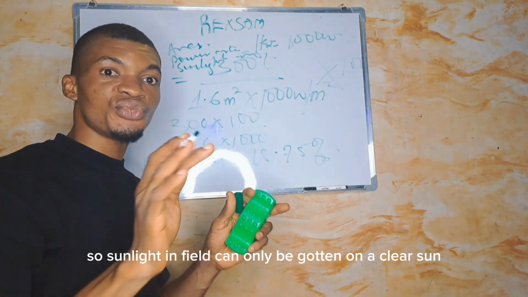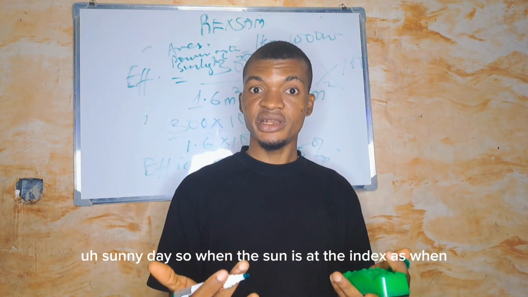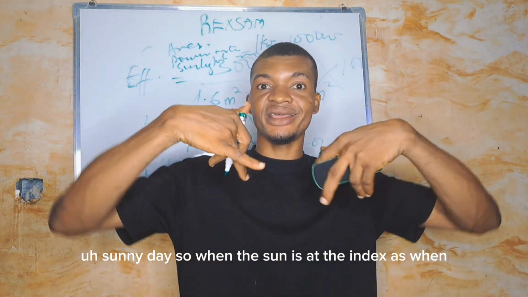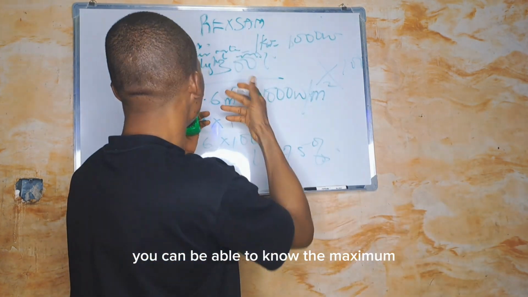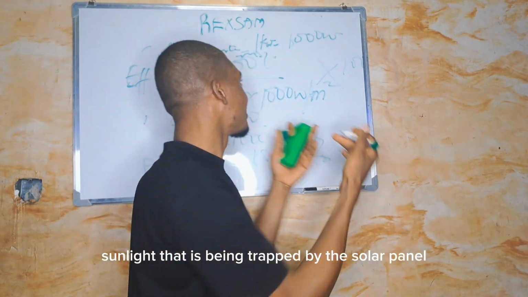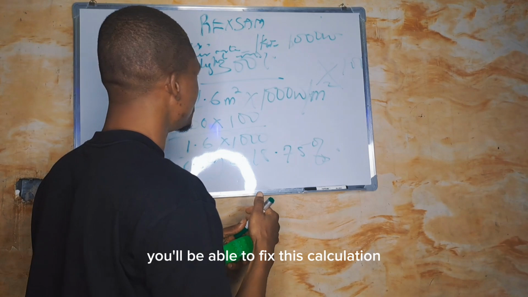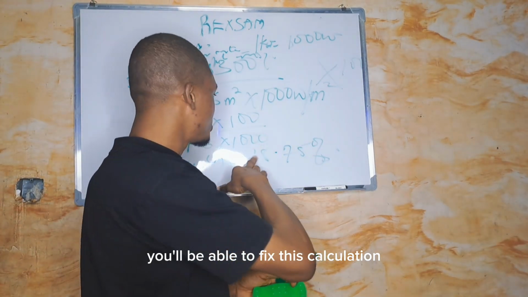Sunlight input can only be gotten on a clear sunny day. When the sun is at its peak, that's when you can know the maximum sunlight being trapped by the solar panel. So when that is done, you'll be able to fix this calculation.